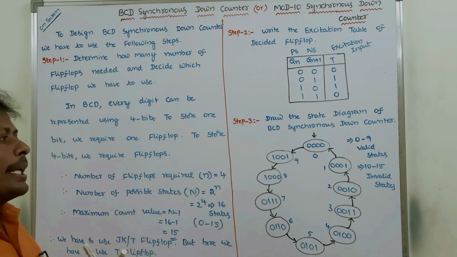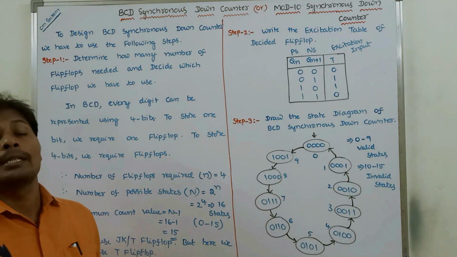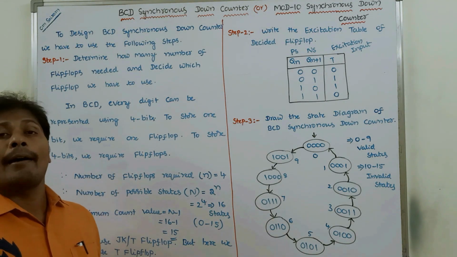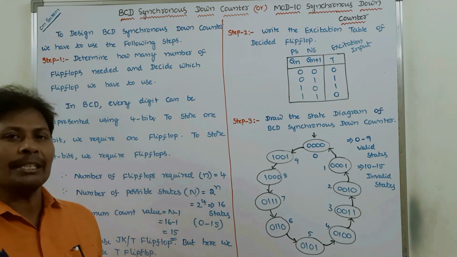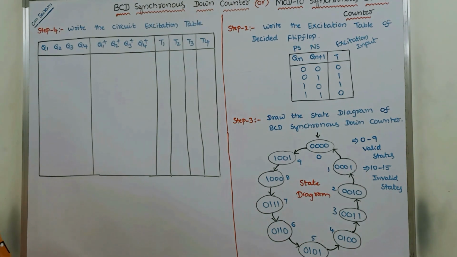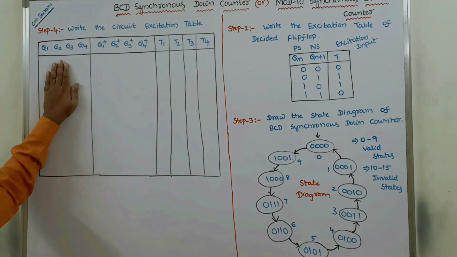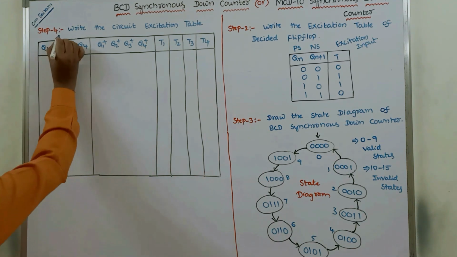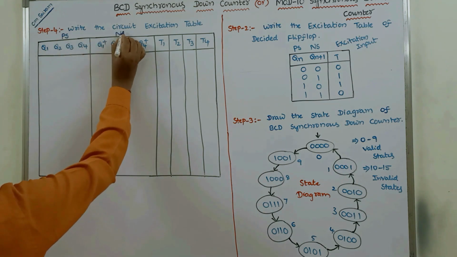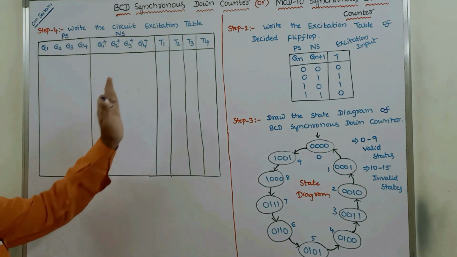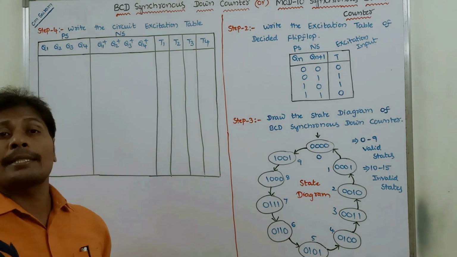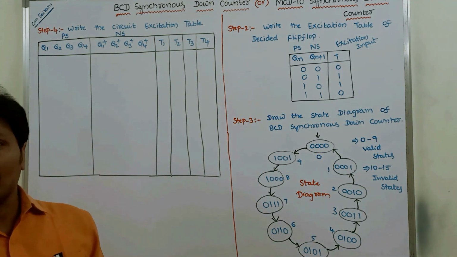Next, we can go for step 4, that is, write the circuit excitation table. In the circuit excitation table, the first column represents the present state. The next column represents the next state. The next 4 columns represent the excitation inputs.